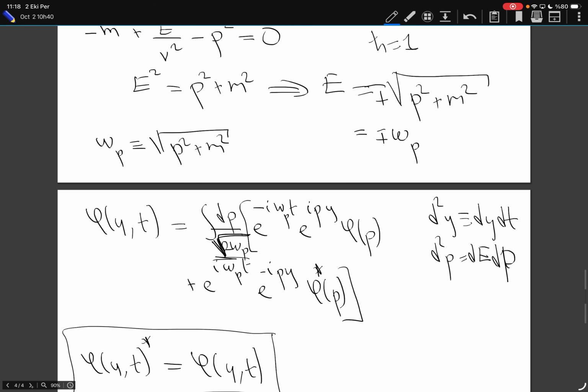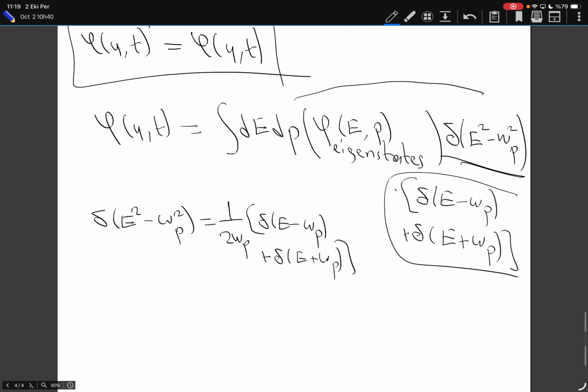Well, you see, when I say E, it can be both positive or negative. I just would like to keep track of whether I have positive energy solutions or negative energy solutions. So that is why I'm defining something that is definitely positive. That is my omega p, p meaning that it will change as a function of p. And then the energy of my wave function can be plus omega p or minus omega p. But omega p, I define it to be positive. I see. Sorry, I missed that definition.